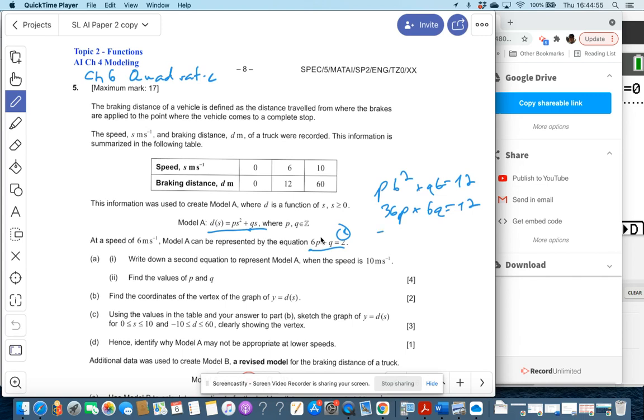Divide all of those by 6, the common factor, and you'll get 6p plus q equals 2. So that's where they got that first equation. Again, AI is write down the second equation for this using the speed of 10 and a stopping distance of 60.